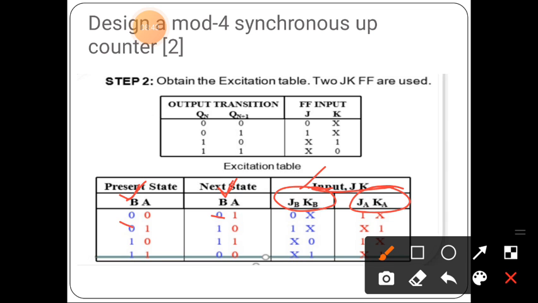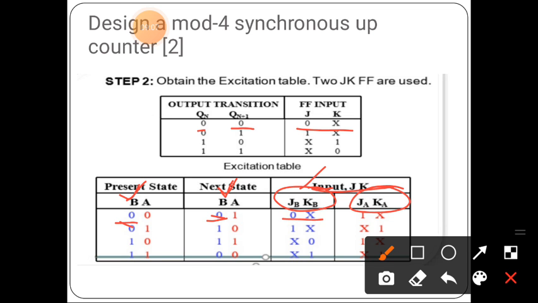If the present output value of B is 0 and the next output value of B is 0, what will be the corresponding J and K value? Look at the excitation table. Here the present value is 0 and the next value is 0, then the JK value will be 0x.